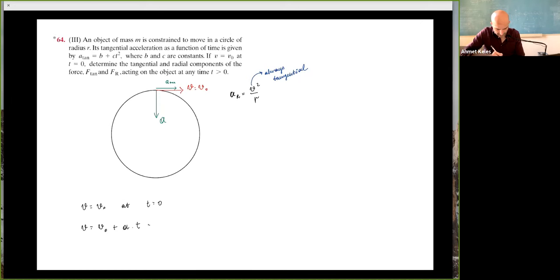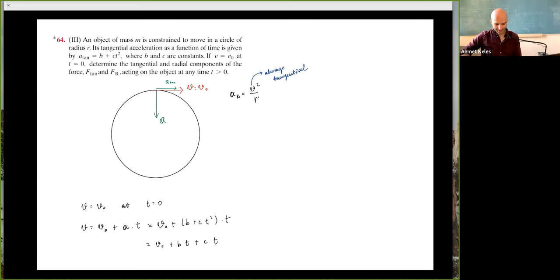I write this as v naught plus b plus ct squared, times t, which is equal to v naught plus bt plus ct cubed. Simple.